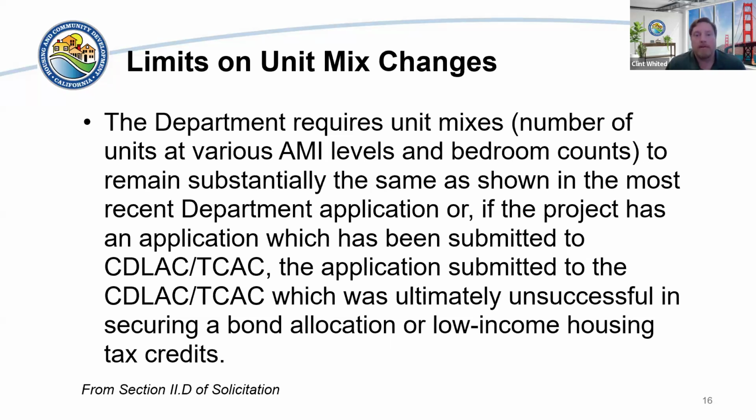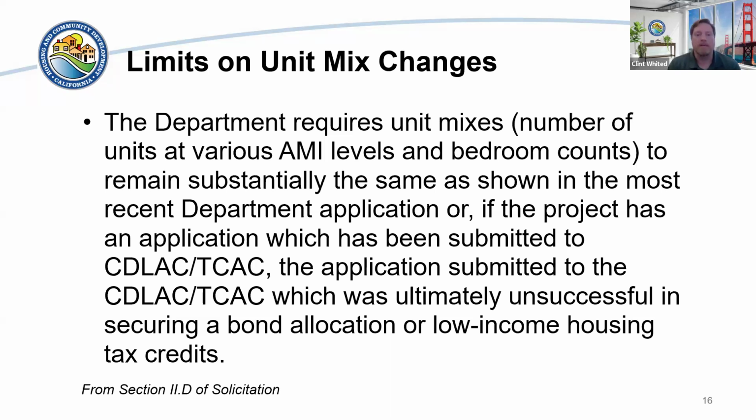With respect to the unit mix, there are some limitations. The department requires that unit mixes, which include the number of units at various area median income levels and bedroom counts, need to remain substantially the same as shown in the most recent department application for your existing HCD loan commitment, or if the project has an application which has been submitted to CDLAC or TCAC, the application submitted to CDLAC or TCAC, which was ultimately unsuccessful in securing a bond allocation or low-income housing tax credits.